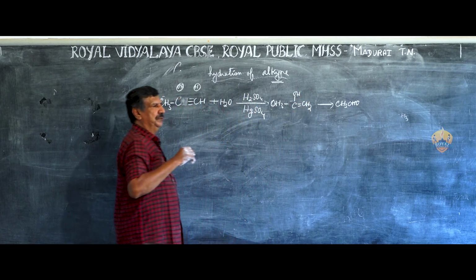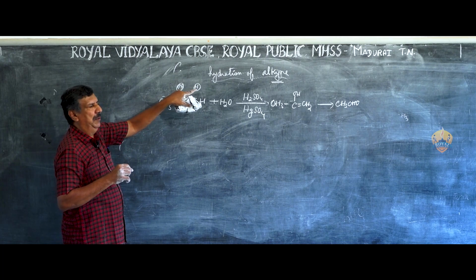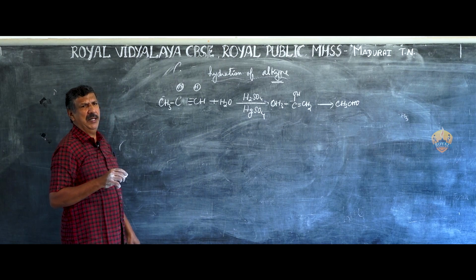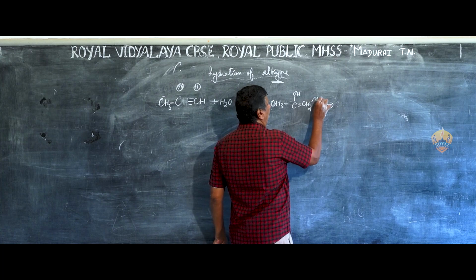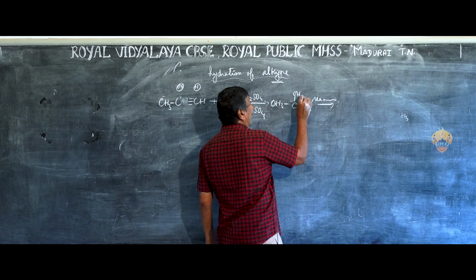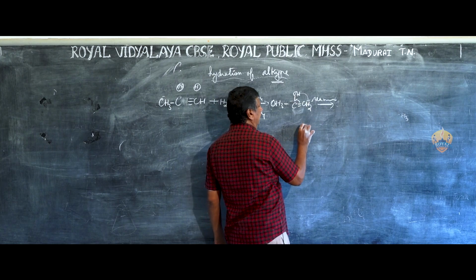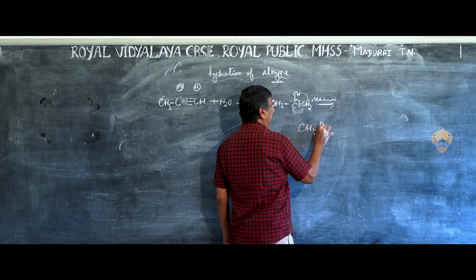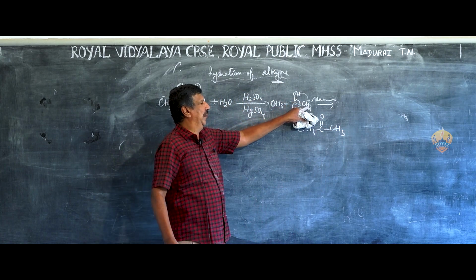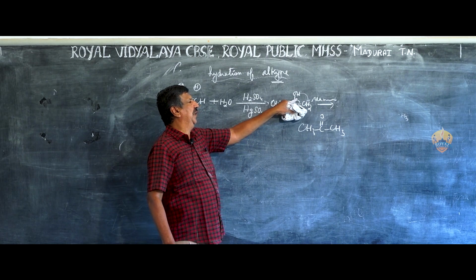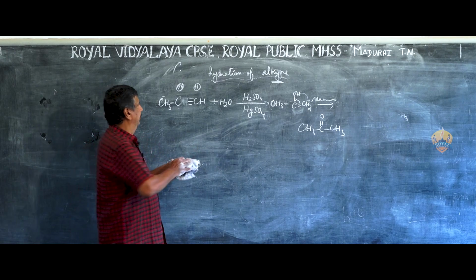OH, H means the triple bond is converted into a double bond. Then what will happen? As usual, rearrangement. They will go for rearrangement like this. That's all. You will get acetone. The H will come over here, the double bond will be shifted over here. So, the final product is acetone.